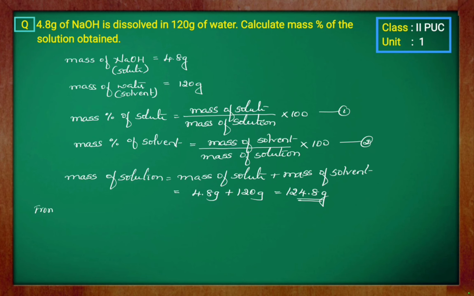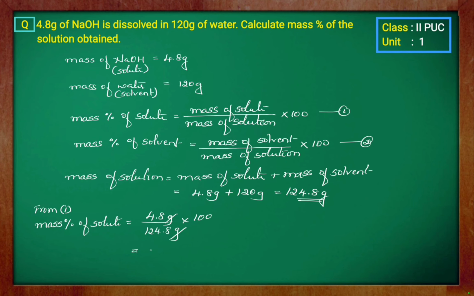So from 1, I can write mass percentage of solute is equal to mass of solute, that's 4.8 gram, divided by mass of solution, which is 124.8 grams, into 100. So gram and gram get cancelled with one another.